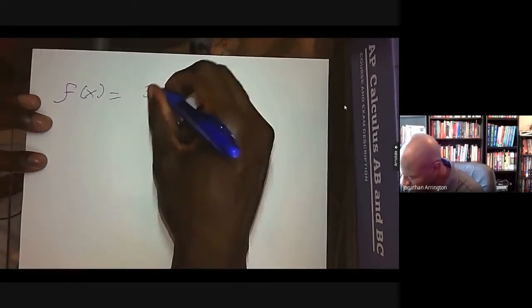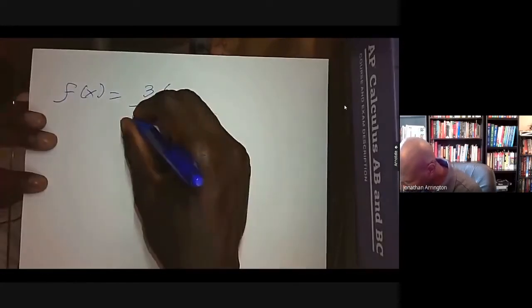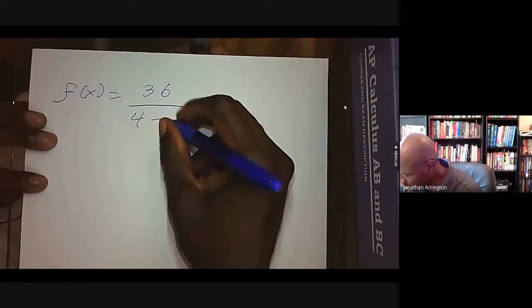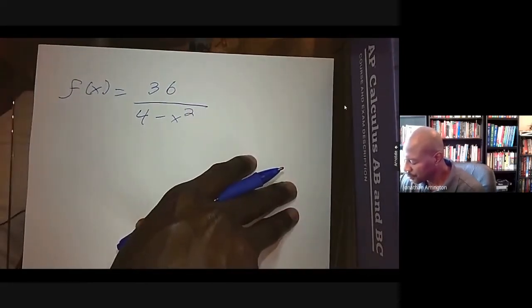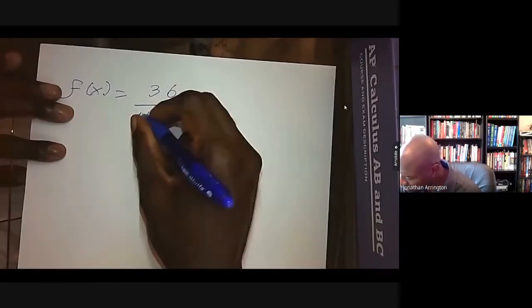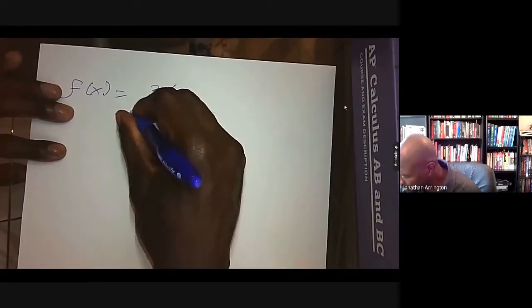So let's say our function is 36 over 4 minus x squared. Actually, for the sake of seeing this a little bit clearer, I'm going to say 36 over 9 minus x squared.